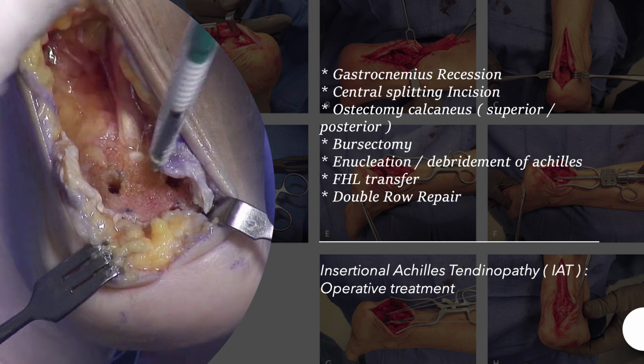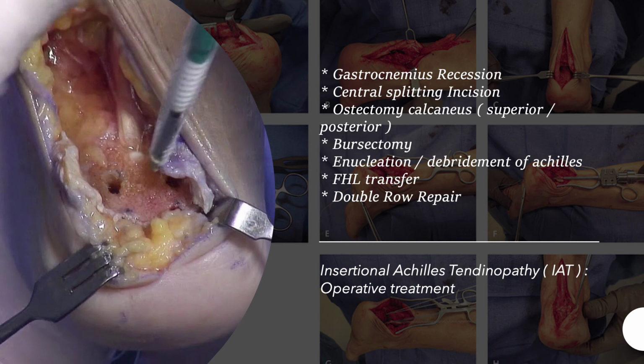And I just judge this intraoperatively based on how much mechanical strength I think has been lost directly secondary to the amount of excised or enucleated tendon. For heavier or more active patients, I won't hesitate to do the FHL transfer. It's fast and easy.